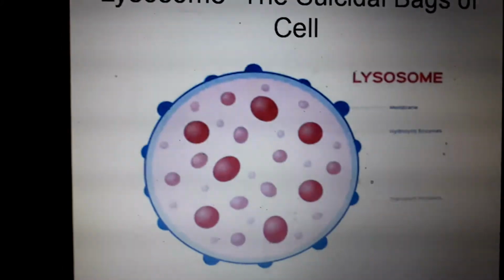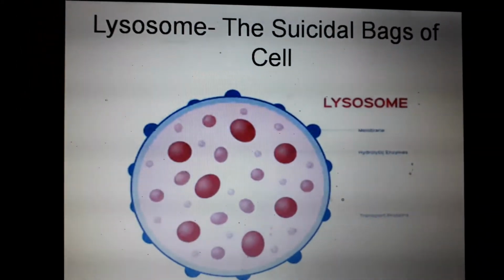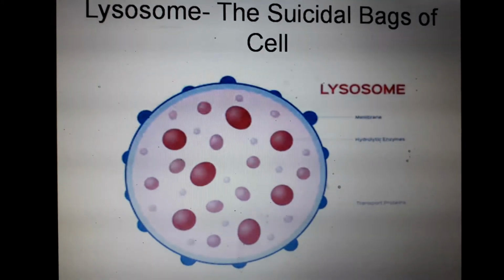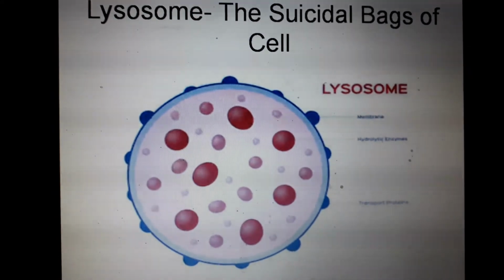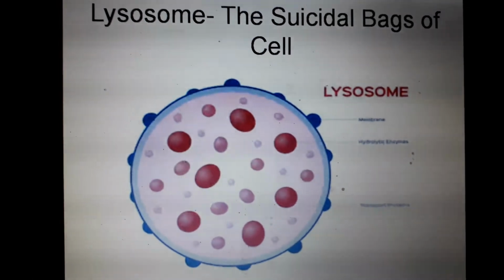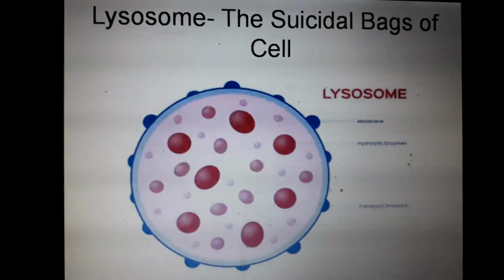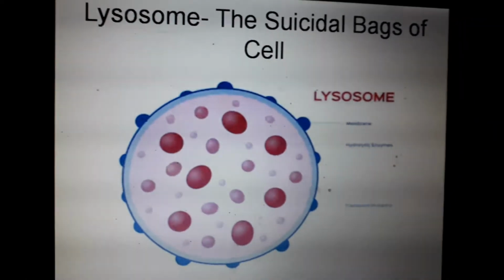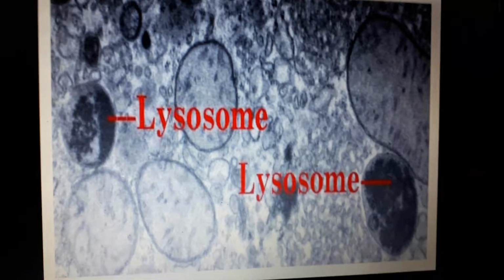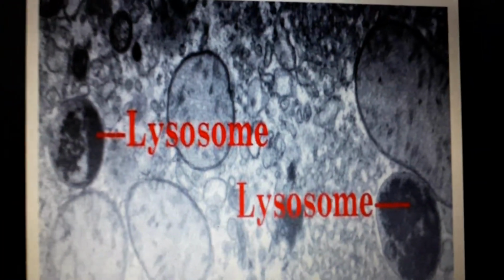Now let us look at lysosomes. I want you to look at the structure of lysosomes. Lysosomes are called the suicidal bags of the cell. What is the reason? This is how the lysosomes look under a microscope.